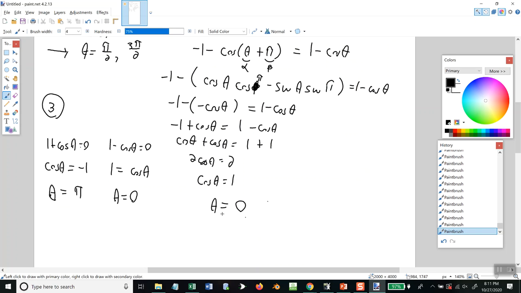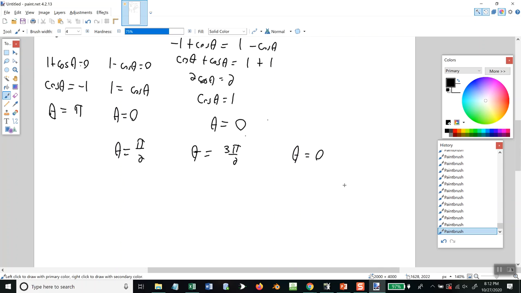Because when we start plugging these in, if it passes through the origin, what's my radius going to be? Or what's your directed distance, r, going to be? 0. And so if I plug these in, I'm going to get r is equal to 0.